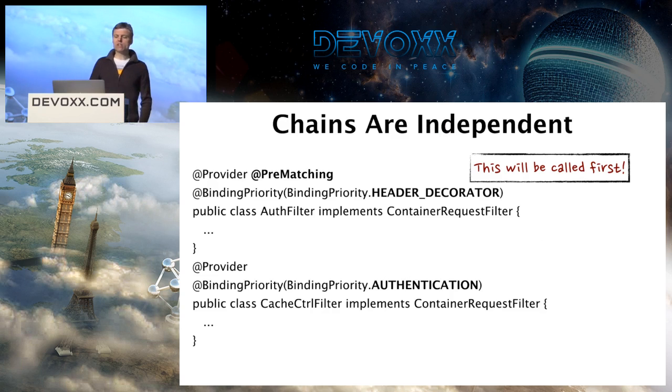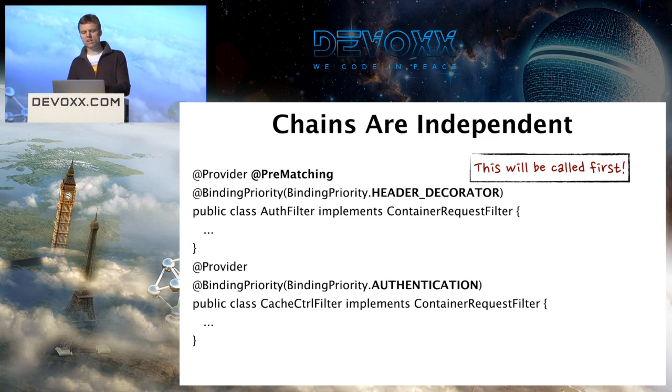What is kind of strange is that the ordering applies to every chain in turn. So the pre-matching phase has a chain, and the after-matching phase has a chain, and the ordering applies to both chains but individually.